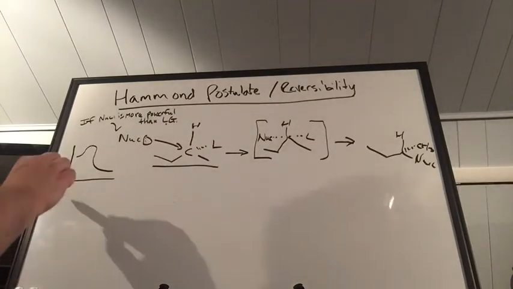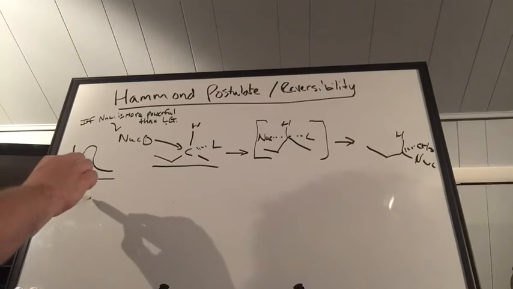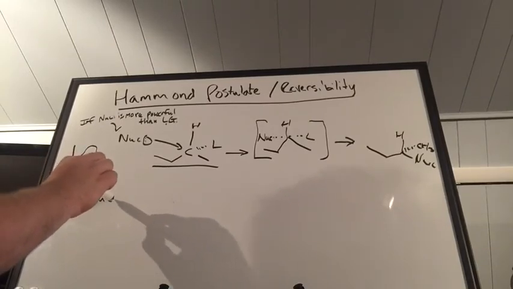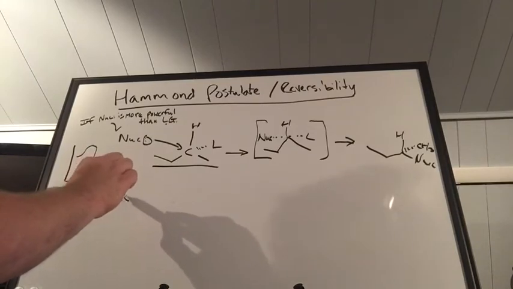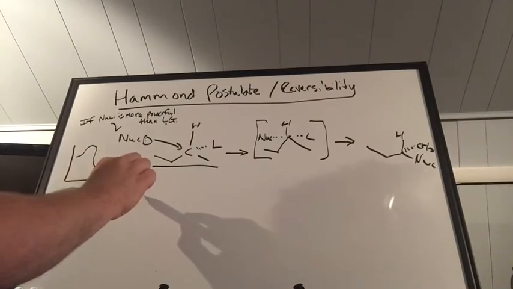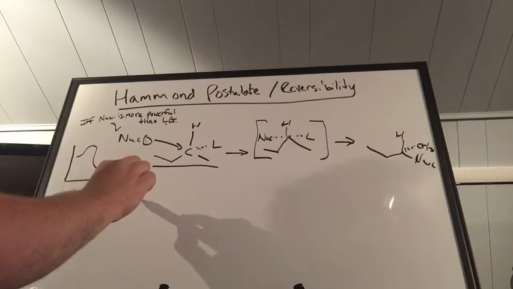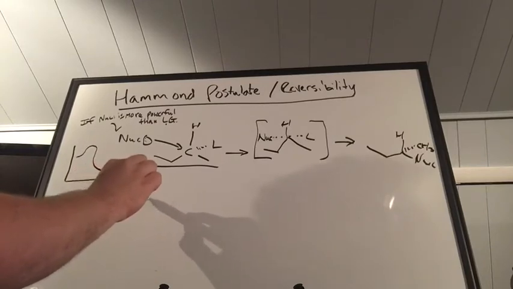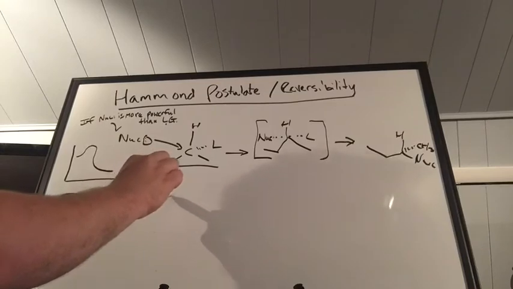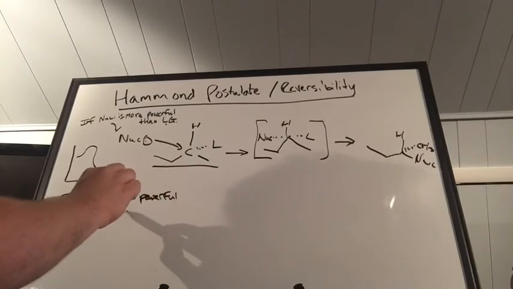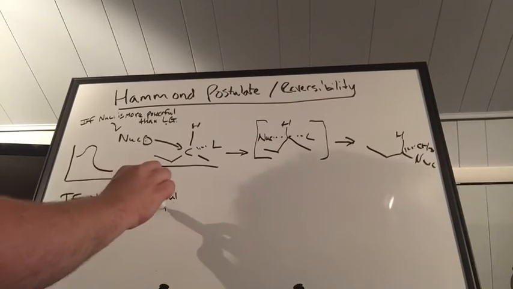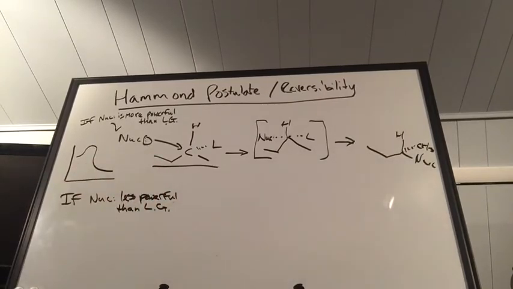So let's say the nuke is less powerful, then the leaving group's ability to leave, then that is going to look more like the product, right?